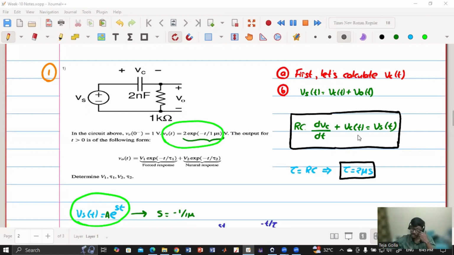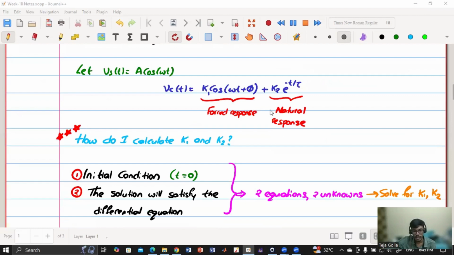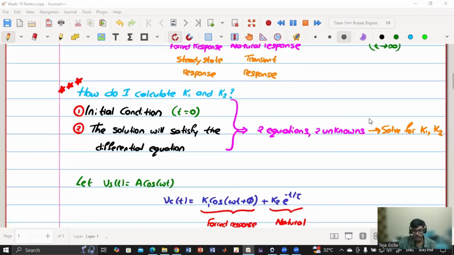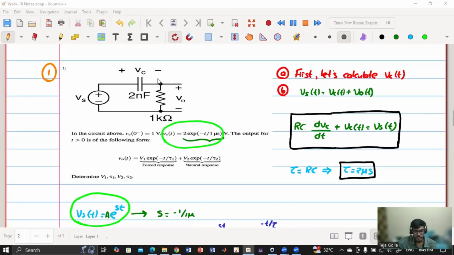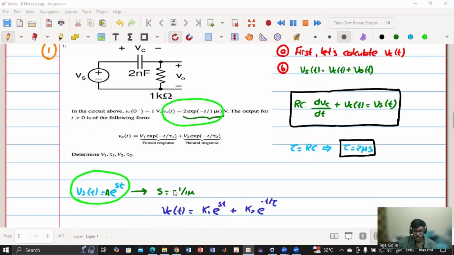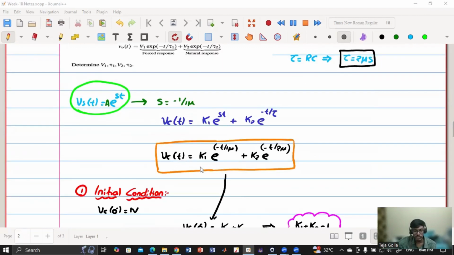Now we know this is the differential equation for an RC circuit with input Vs of t, which we have obtained here. I have directly copy pasted it and I'm using this. For this circuit, the time constant is tau equal to 2 microseconds. Previously I told you, if the input is e to the power s into t, or e to the power some constant into t, then Vc of t will be a scaled version of the input plus a scaled version of the decaying factor.